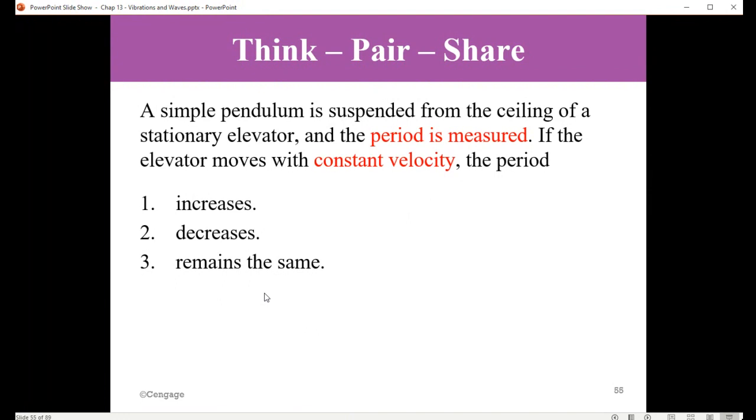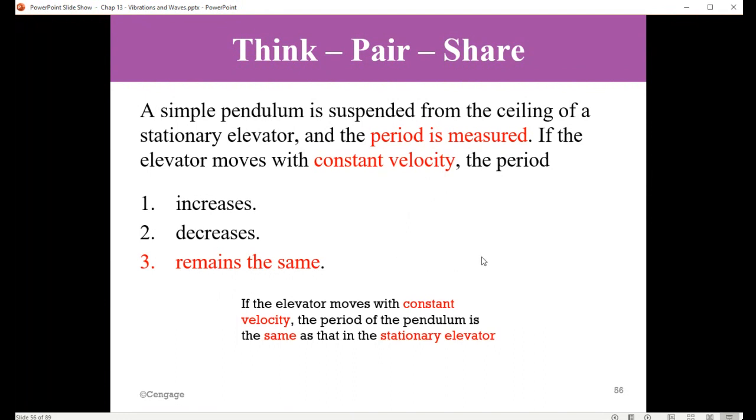I think it was number 3. Number 3. Yes, thank you. It is number 3 because it moves with constant velocity, no acceleration involved. The elevator that moves at constant velocity is very much similar to there being no motion.